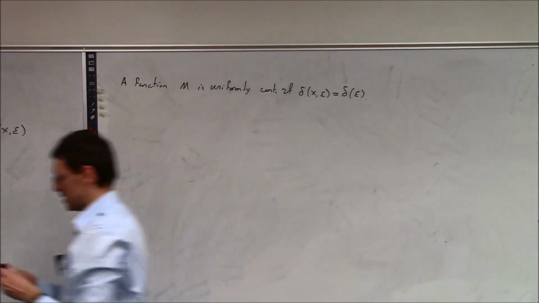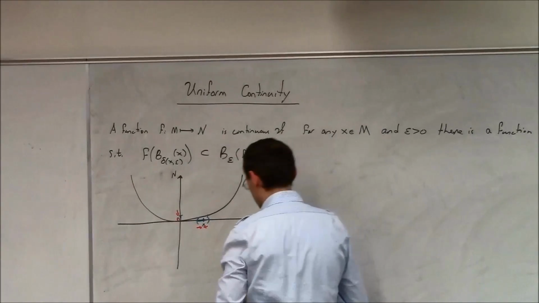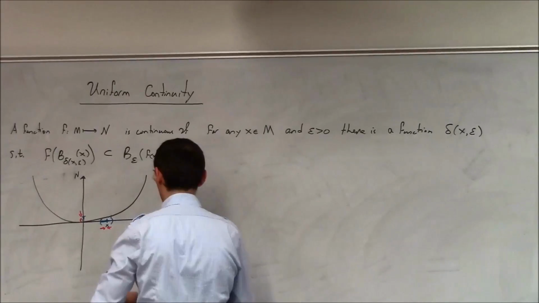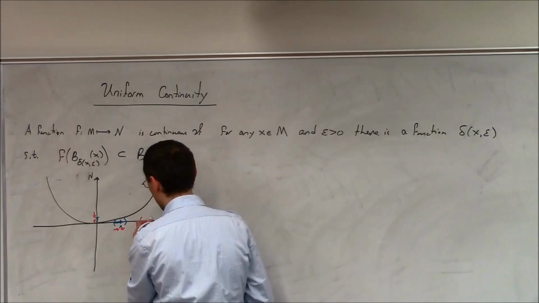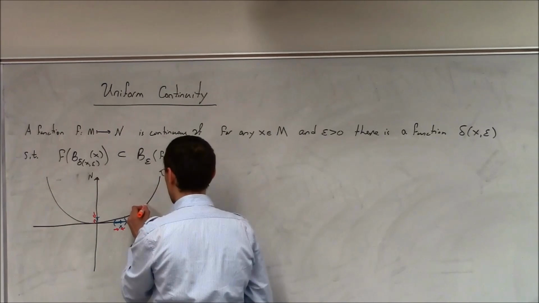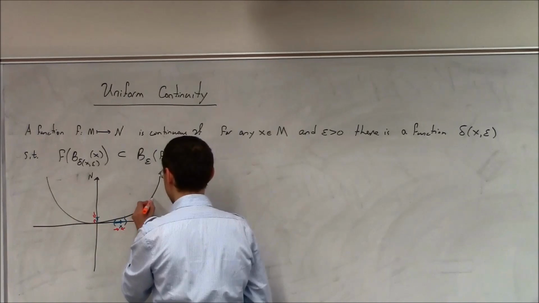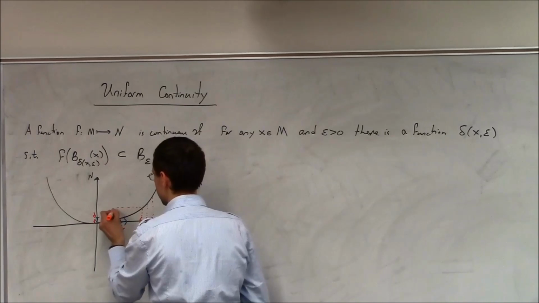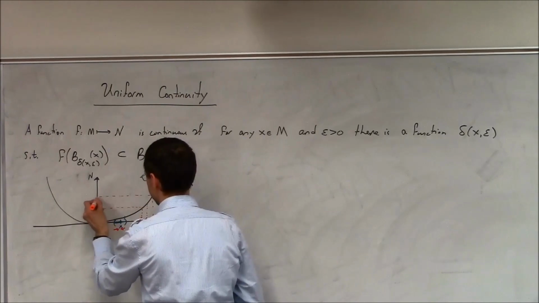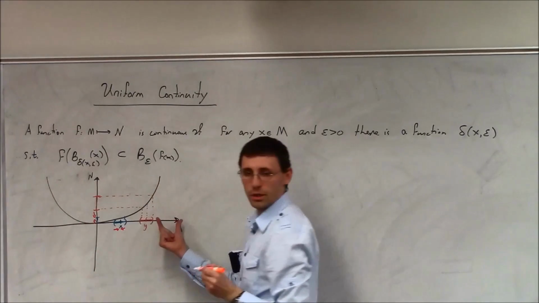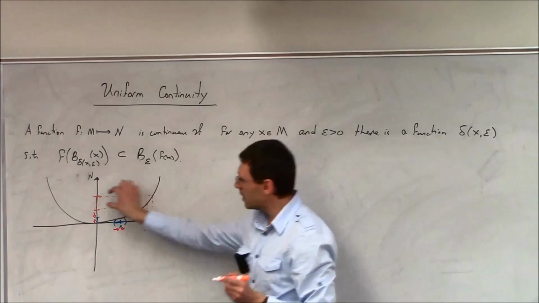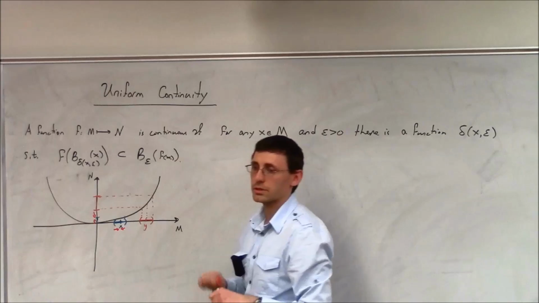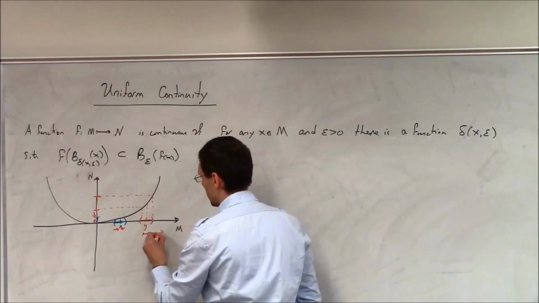What this means is that if I select a different x and slide this interval to another place, keeping it exactly the same size, so now this is y, you can see that no matter how small I select the initial delta, as I push it farther out, this orange interval is going to grow.